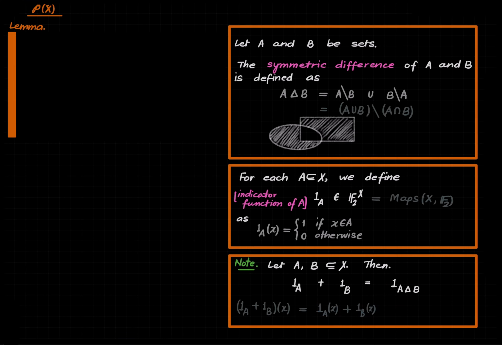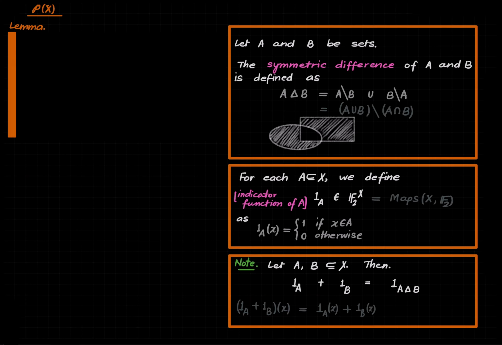If x lies in both A and B, then it doesn't lie in the symmetric difference, because you take out the intersection precisely. So it matches.